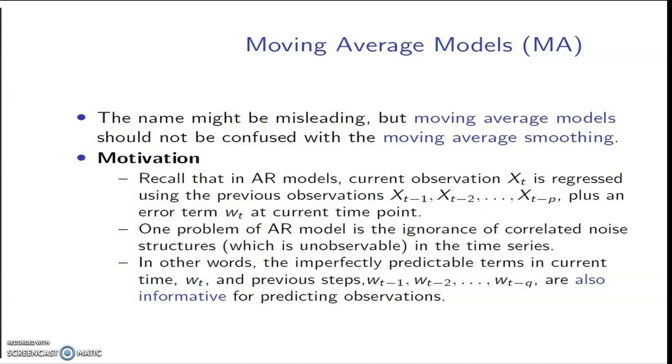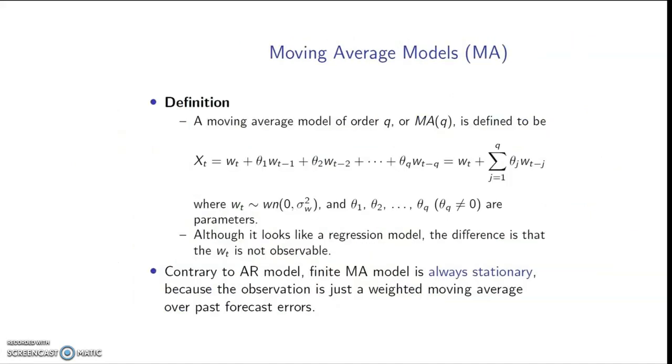In other words, the imperfectly predictable terms in the current time wt and previous steps wt minus 1, wt minus 2 up to wt minus q are also informative for predicting observations.